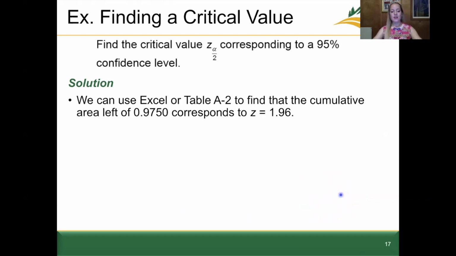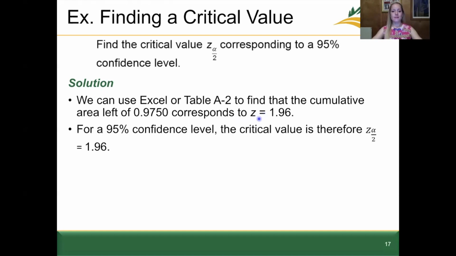Okay, so as mentioned, we can use Excel or table A2 to find the cumulative area from the left is 0.9750. We find that that corresponds to a z-score or an x value of 1.96. Then let's connect this all back now. So for a 95% confidence level, it's told in our question, the critical value therefore is z subscript alpha over 2.